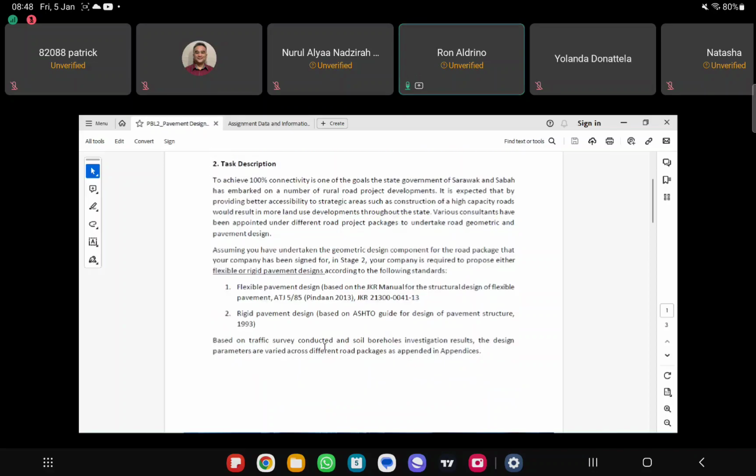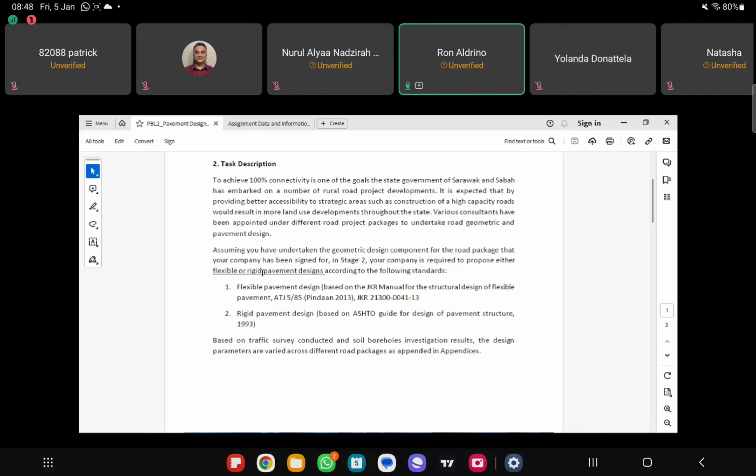And for the rigid pavement design, you are basically using the notes that I shared with you, the rigid pavement notes. So you can use the notes as well as the equations for your calculation. This is the main statement. Some of your friends asked me whether you choose to design for flexible only or rigid only.